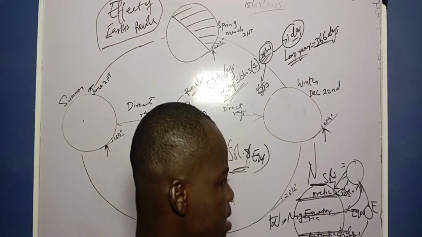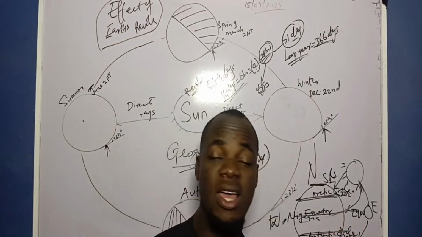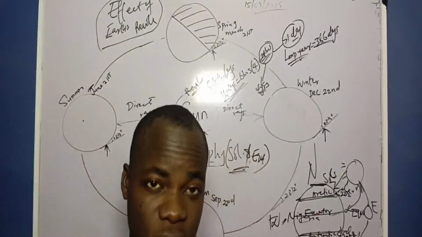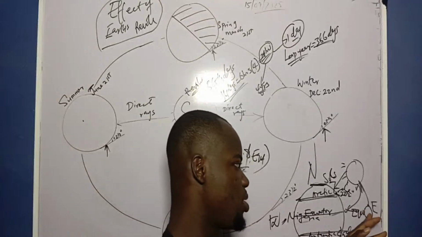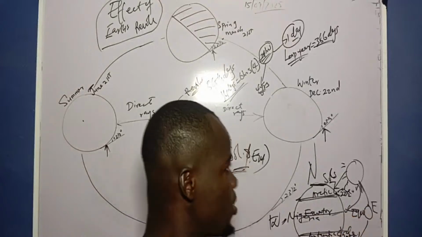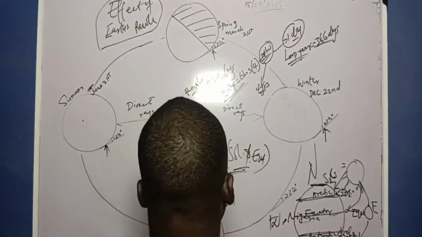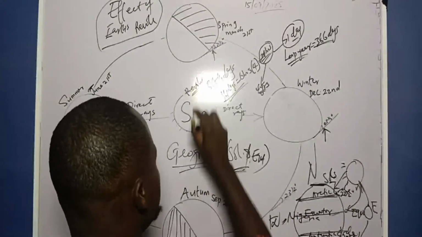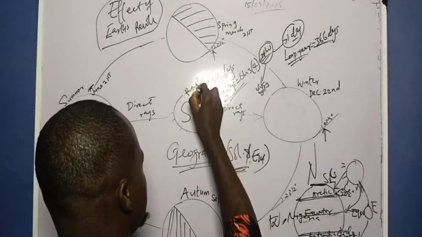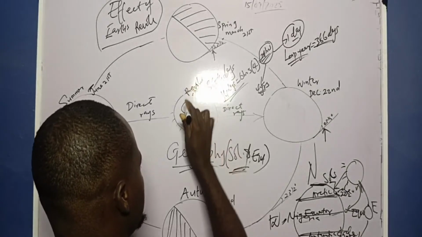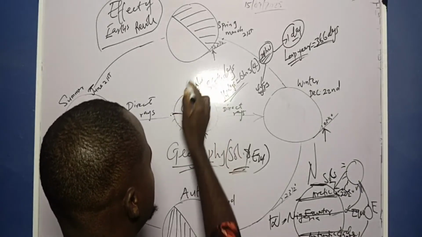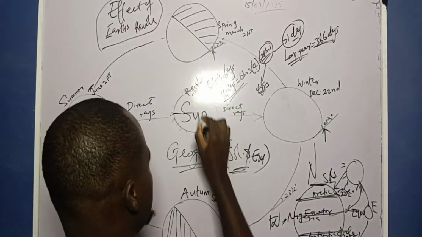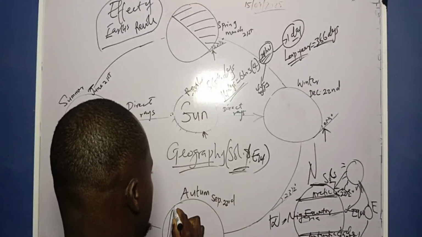In which part of the year does it happen? I have told you that for this particular equator, when we have equinox, whereby the sun is at the equatorial region. If this is the equatorial region, for instance, this is the equatorial region we are talking about for Earth.